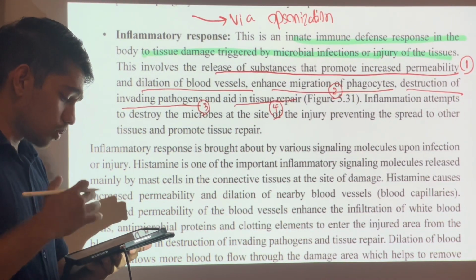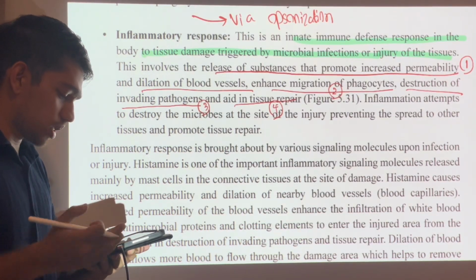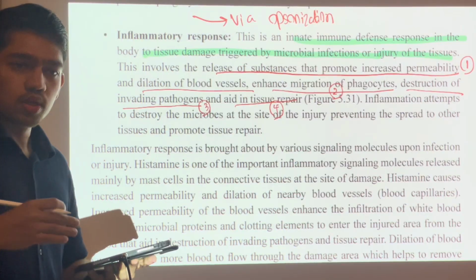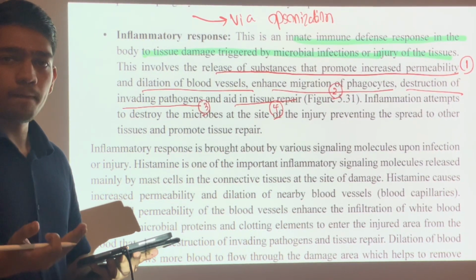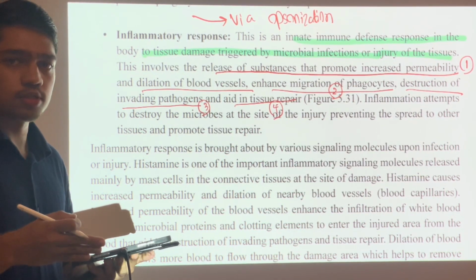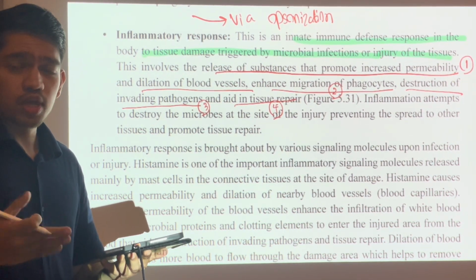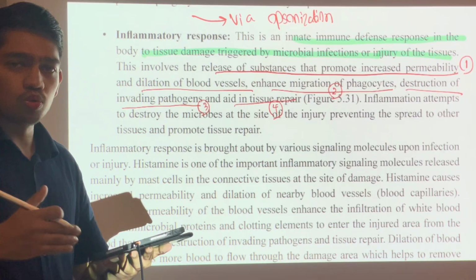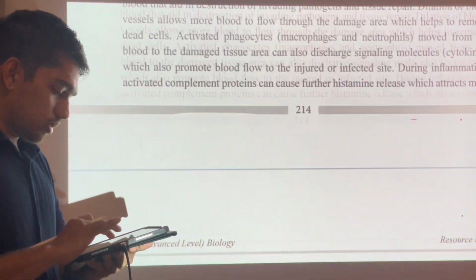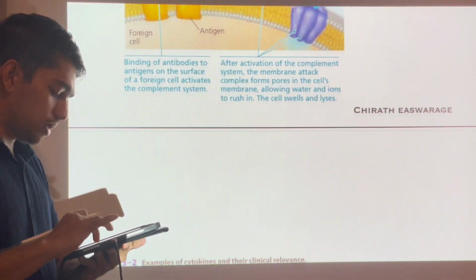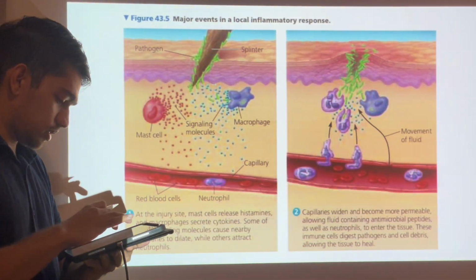So the first thing, release of substances that promote increased permeability and dilation of blood vessels. Because most of the immune cells and molecules are in the blood system, these molecules, or let's say the soldiers, have to move into the battlefield. So the doors have to be open, and blood vessel permeability has to be increased.